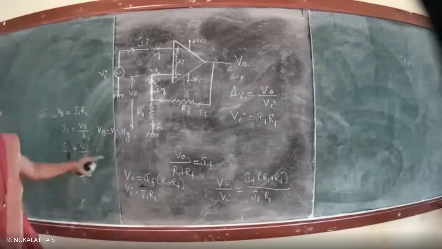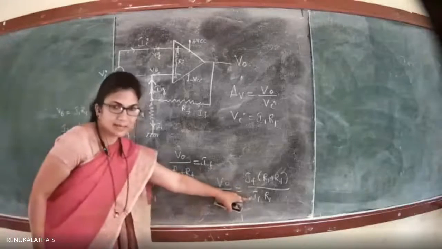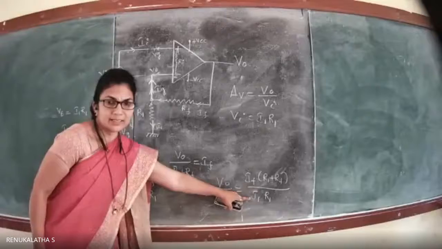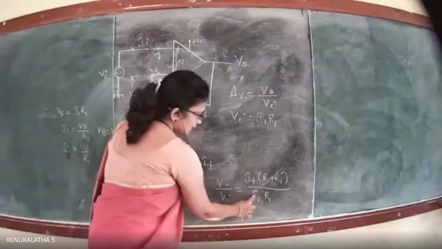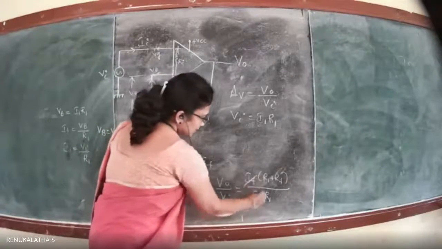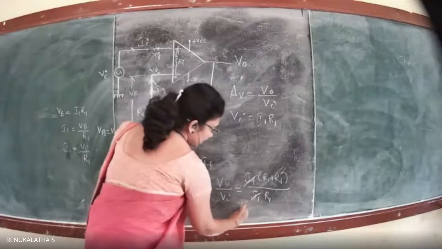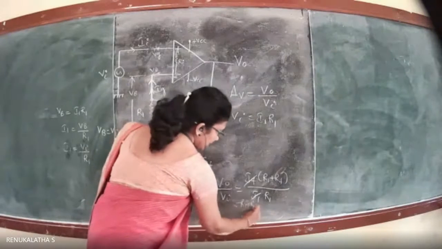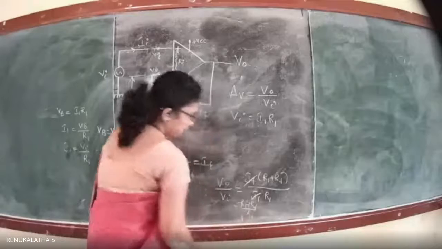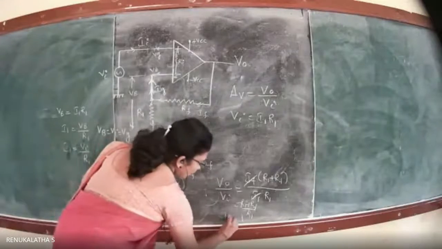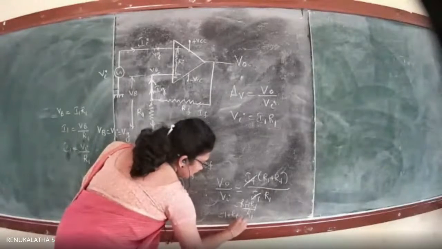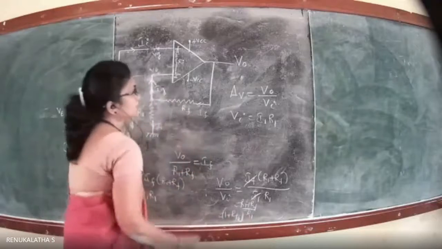We have equated IF and I1 as the same, because the resistances are in series. So IF is the same as I1, and hence this will get cancelled. So you are getting R1 plus RF divided by R1, or else it is 1 plus RF divided by R1. Can we write like this?